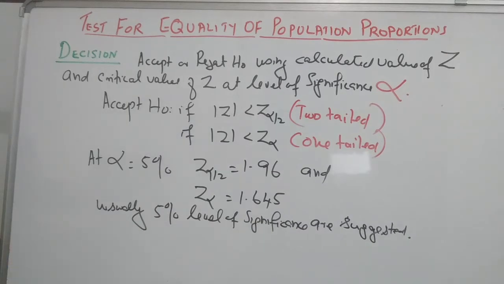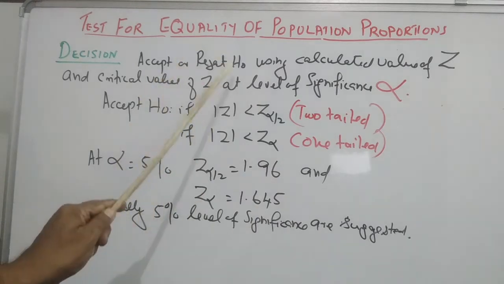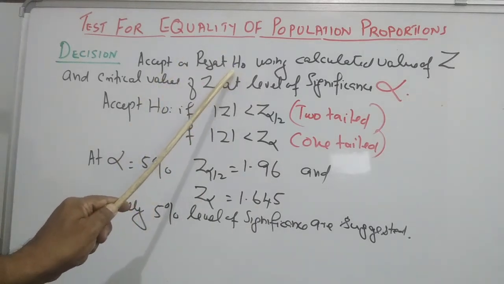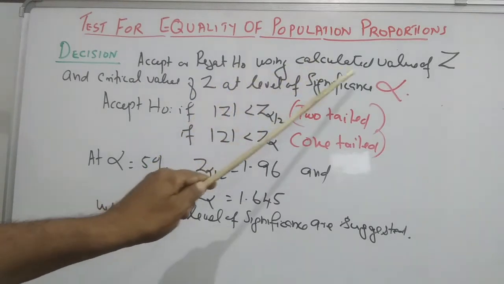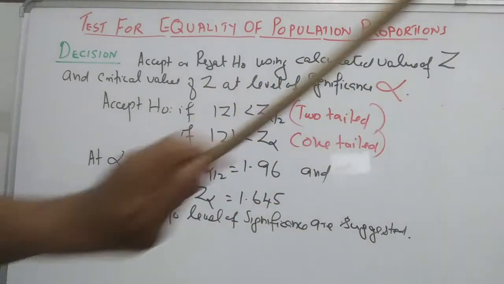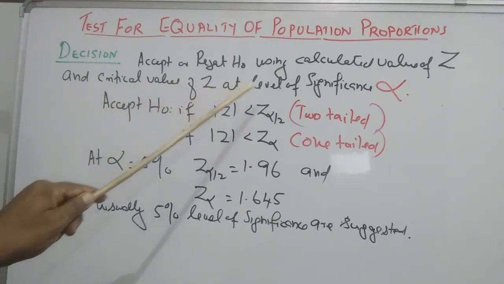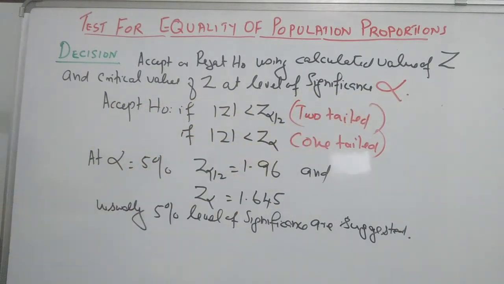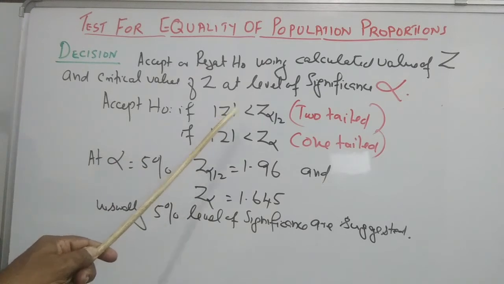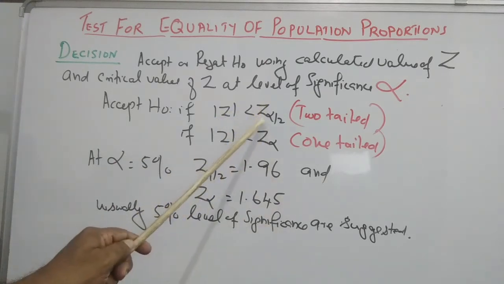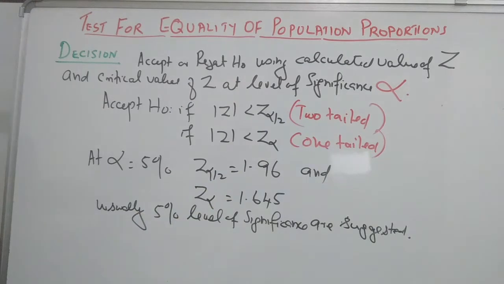Now we are moving to the decision: either accept or reject the hypothesis H0 using the calculated value of Z and the critical values of Z at level of significance alpha. Accept H0 if the absolute value of Z is less than Z alpha by 2 for a two-tailed test, and accept H0 if Z is less than Z alpha for a one-tailed test.